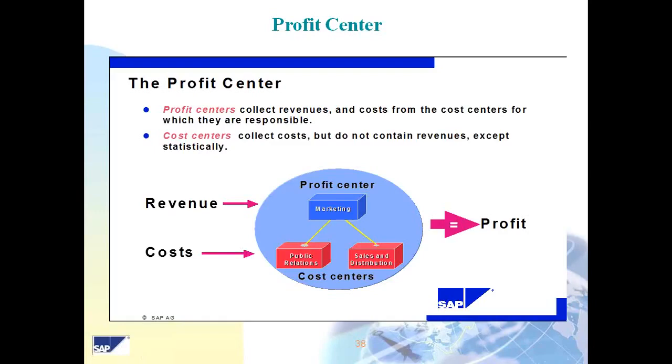For the company code, you can draw the financial statement, but many products are there, and profit center wise reporting is not possible at the company code level. That is why we need one more setup, the profit center.